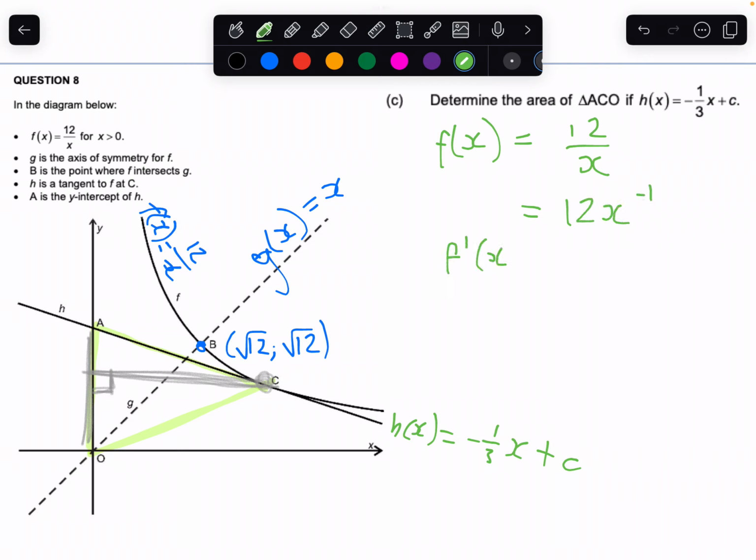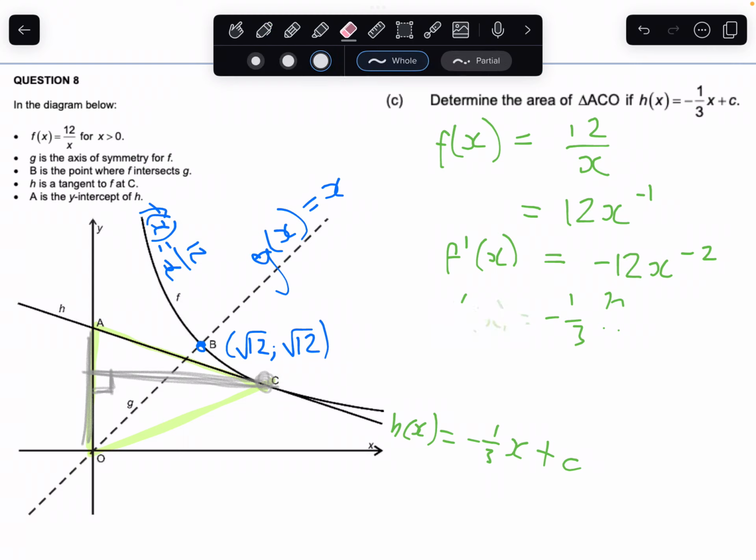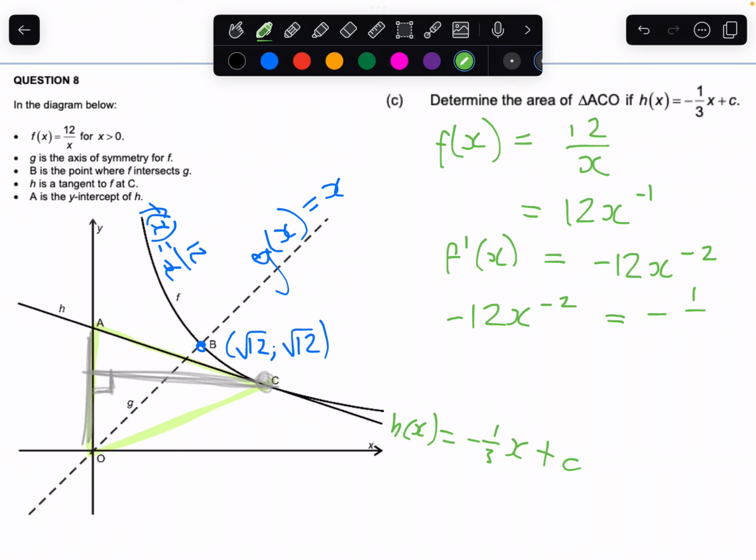So the first derivative is negative 12x to the negative 2. Now we're asking ourselves, where is the gradient equal to negative a third? That's the question we're trying to answer. So we say negative 12x to the negative 2 needs to equal negative a third.